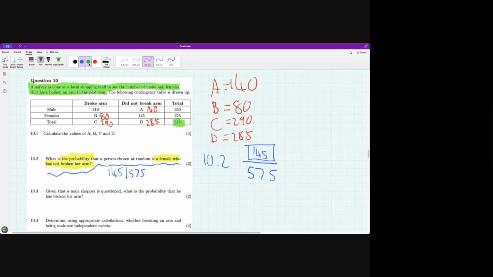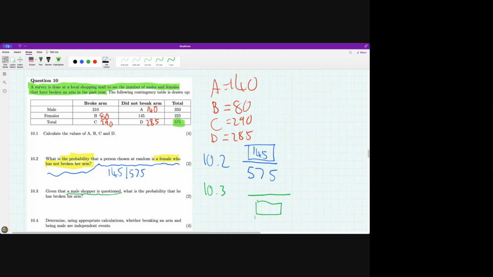Now, next question, 10.3. Given that a male shopper is questioned, this is important. It's no longer a randomly chosen person, given that a male shopper is questioned. So how many people are we questioning now? What's going to be at the bottom here? In some senses, there's a condition here.